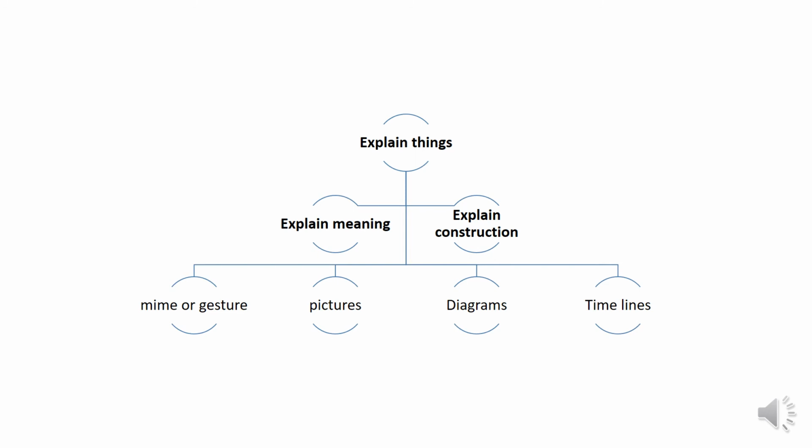Many teachers have standard gestures to explain. We can also use facial expressions, pictures, diagrams, timelines. We can describe the meaning of words. We can list vocabulary items to explain concepts. We can use check questions and translating words and phrases. That's what we mean by explaining meaning.